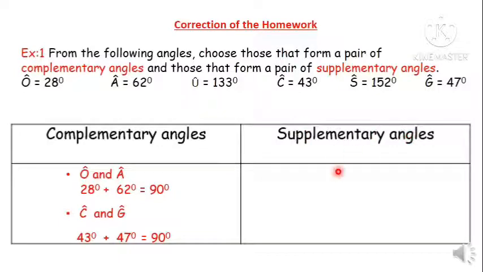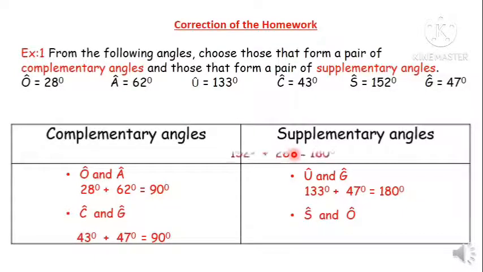Supplementary angles, let's search for two supplementary angles. U and G, because 133 plus 47 is equal to 180 degrees, and S and O, because 152 plus 28 is 180 degrees. So S and O are supplementary angles.